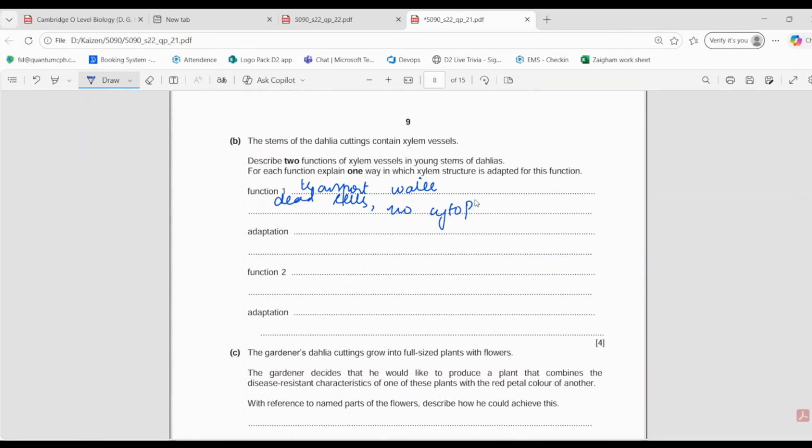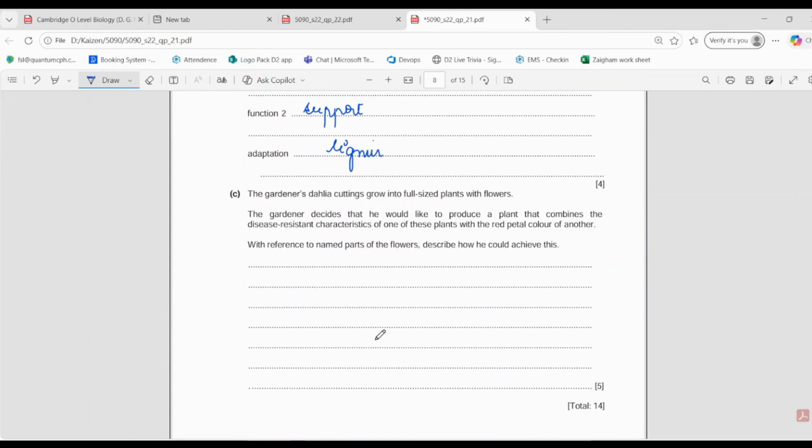No cytoplasm. Continuous flow of water. Okay, what is the second point? Support. Okay. Because it has lignin.